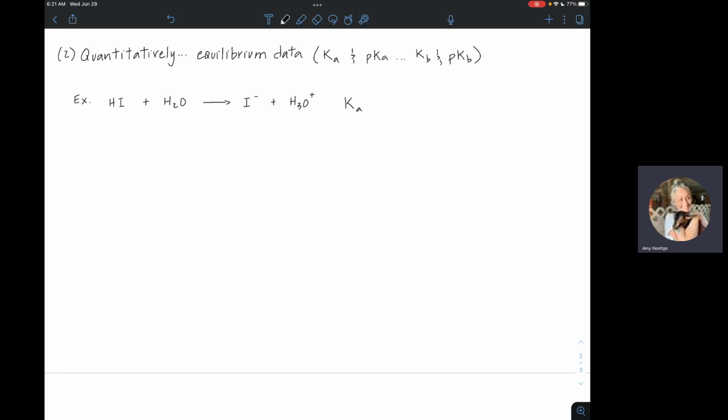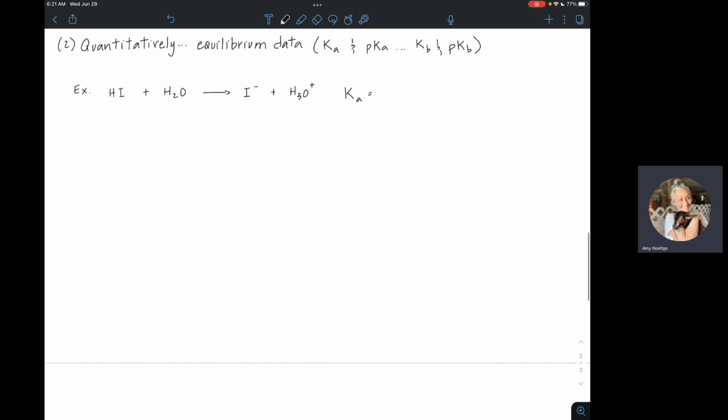And so the K is unitless, because this is a ratio, a unitless sort of comparison of our products and our reactants. So we're measuring who is present in a greater concentration once the reaction has achieved equilibrium.